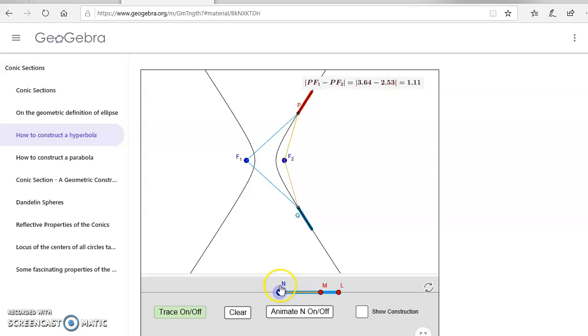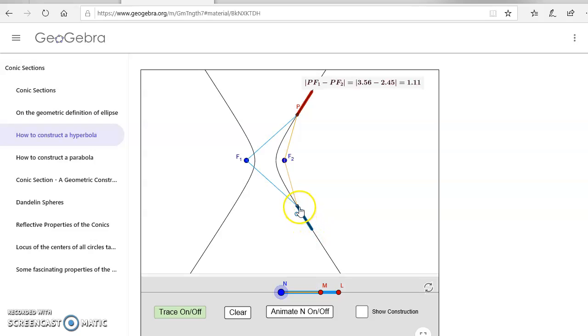Now you can see the name of P. So now I'm just going to stop right about there, just so we can look. So notice now the distance is shorter to the focus here, and it's shorter there, but the difference is still 1.11, right? And even as I'm coming up the other side, notice that there's symmetry.